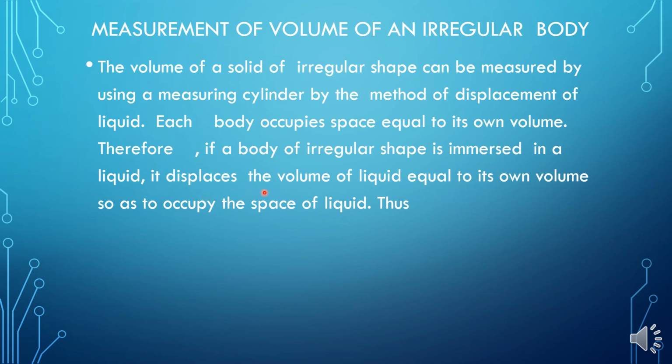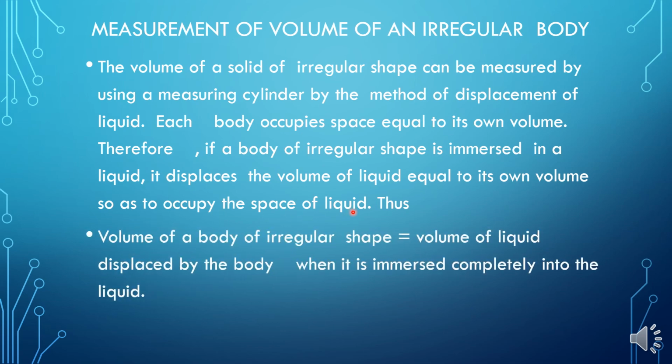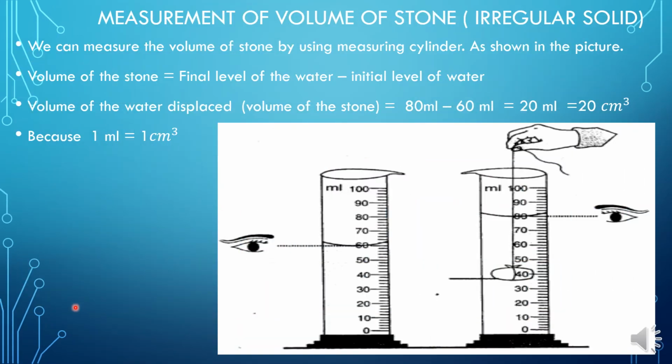It displaces a volume of liquid equal to its own volume as it occupies the space of the liquid. Thus, the volume of a body of irregular shape is equal to the volume of liquid displaced by the body when it is immersed completely into the liquid. We can understand that very well by this activity.